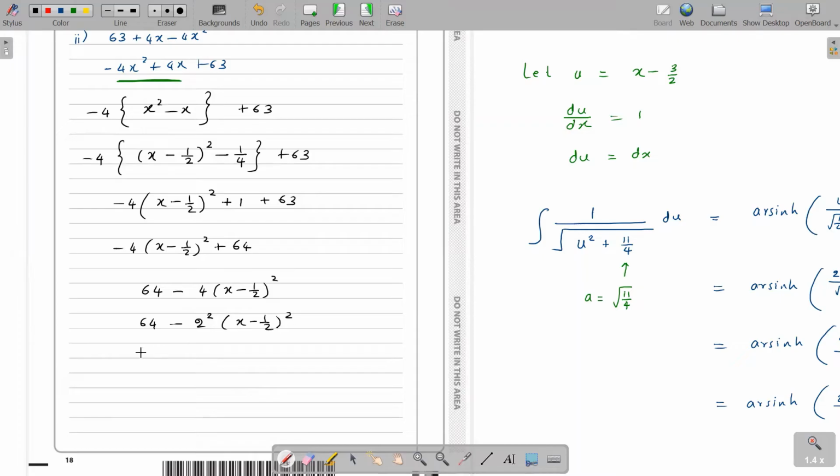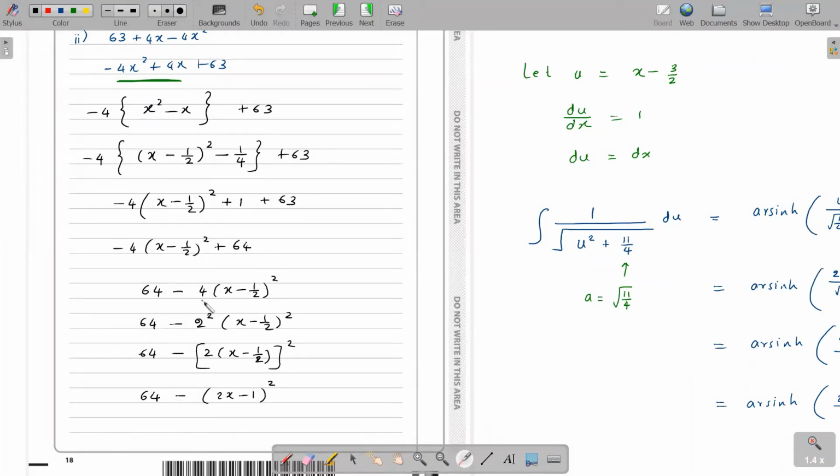I can take a common power 2 and take 2 inside: 2 times x minus half, the whole thing to the power 2, because both of them have a power of 2, right? So this gives me 64 minus 2x minus 1 square. So now our u value can be 2x minus 1.